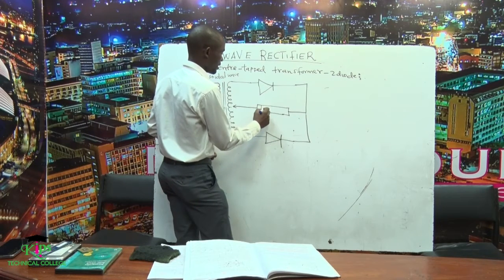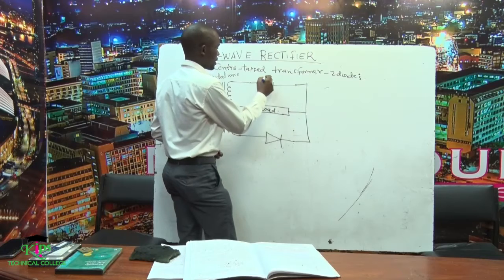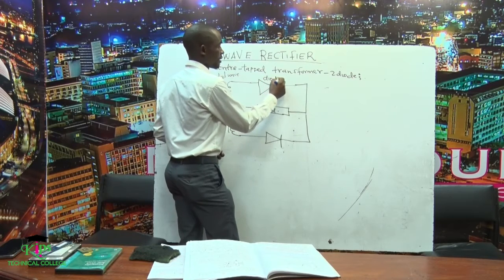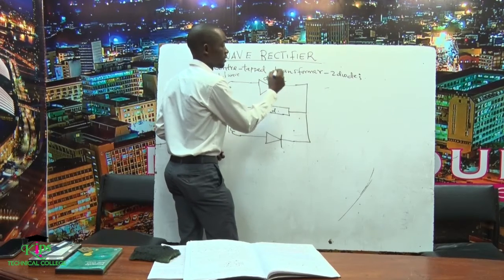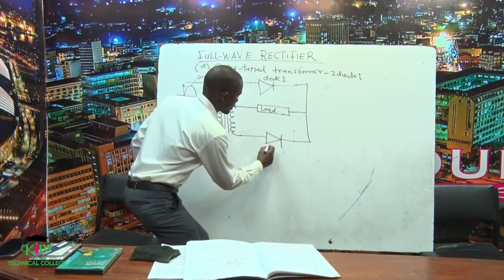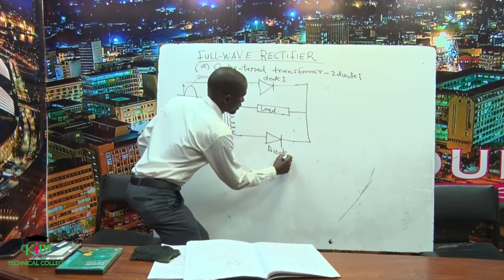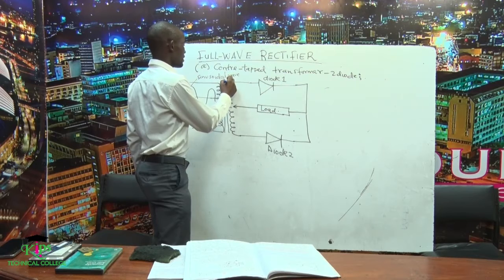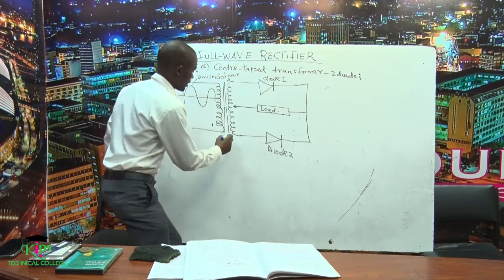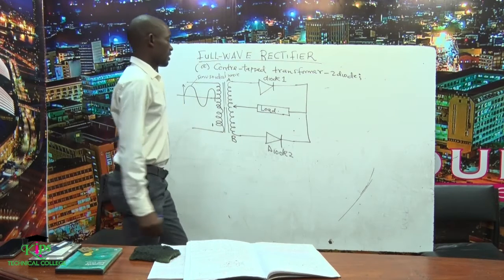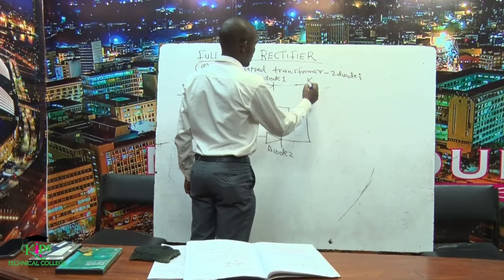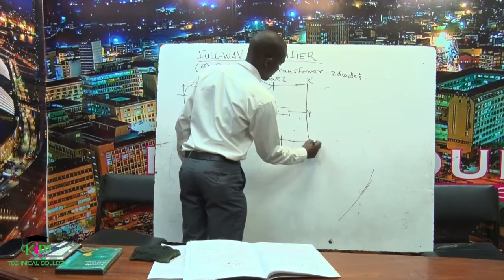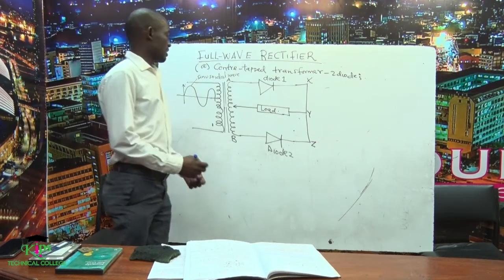So this is the load. We can say this is diode 1, and we can also say this is diode 2. Let us also say this is our point A, this is our point B, and this is our X, Y, and Z. Those are the three.